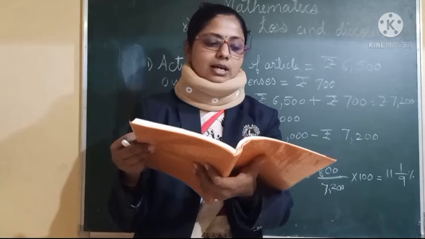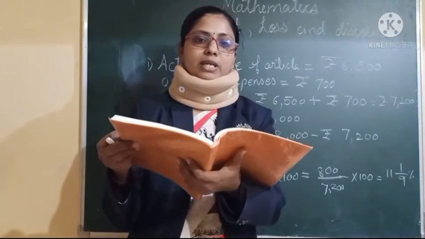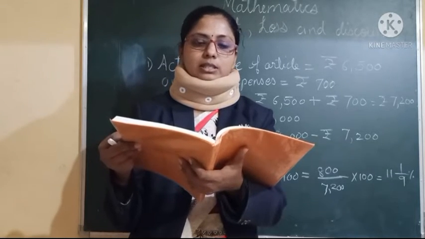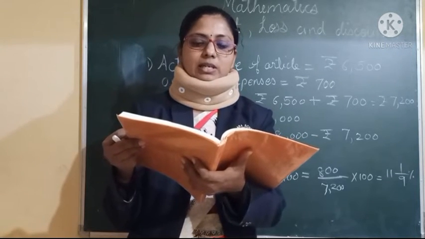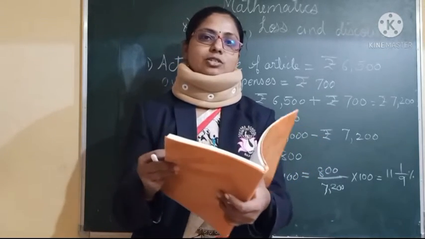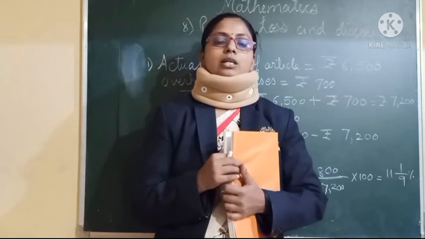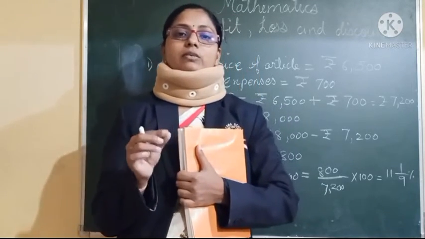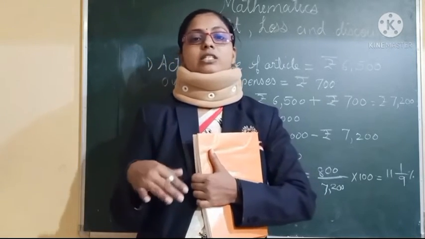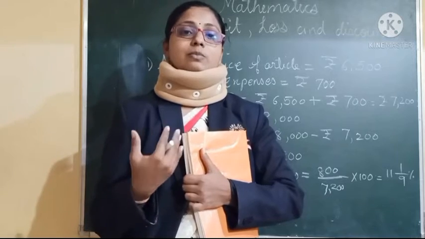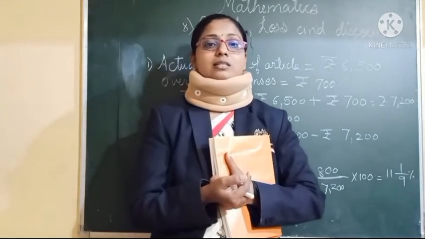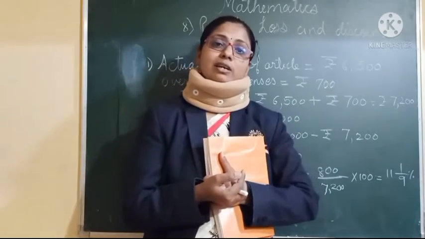He sells this article in Agra for rupees 8,000. Find his gain or loss percent. Consider that he spends rupees 700 on his transportation, food, and so on. In this question, the cost price of the article is given, and the expenses for transporting it are also given. That means overhead expenses are given, which we have to add first.